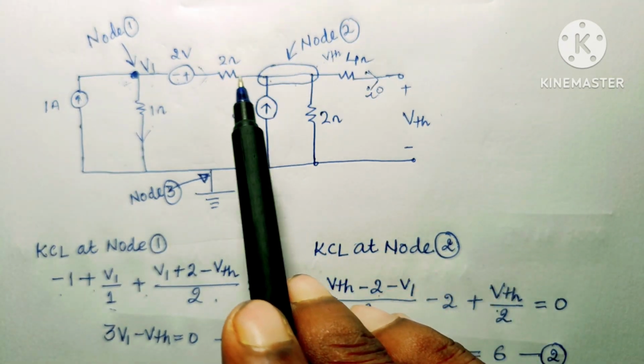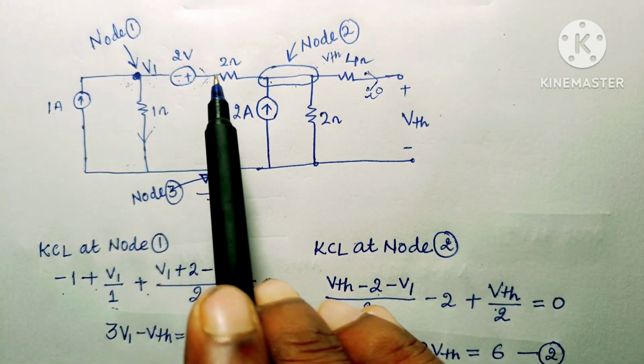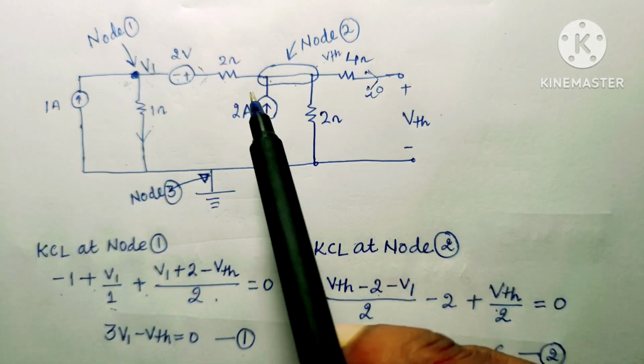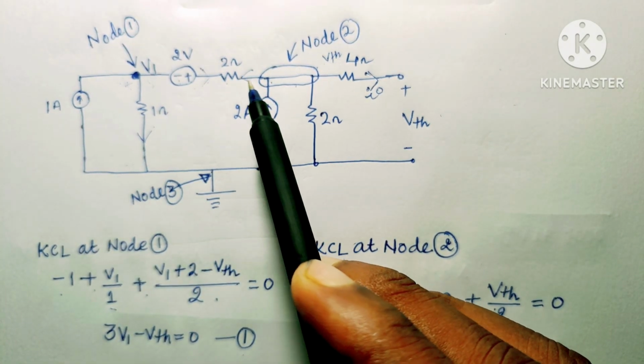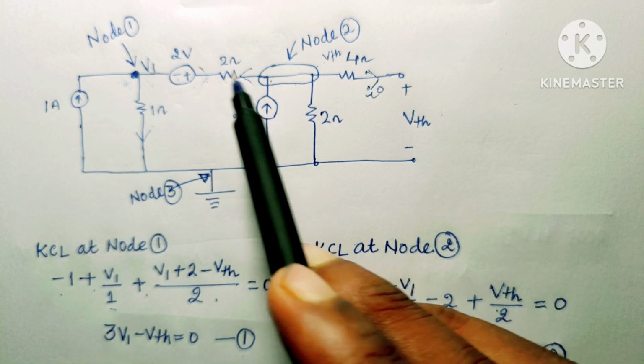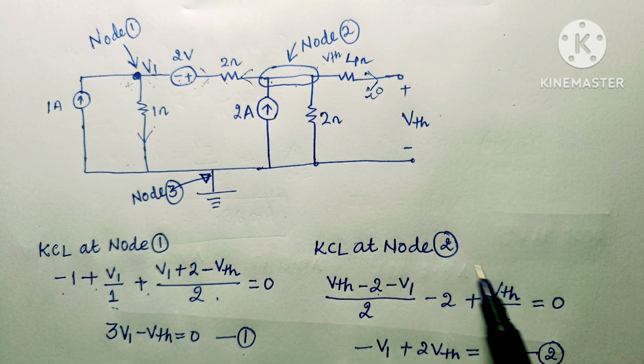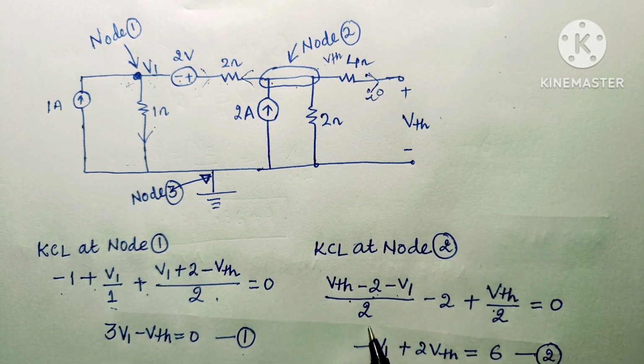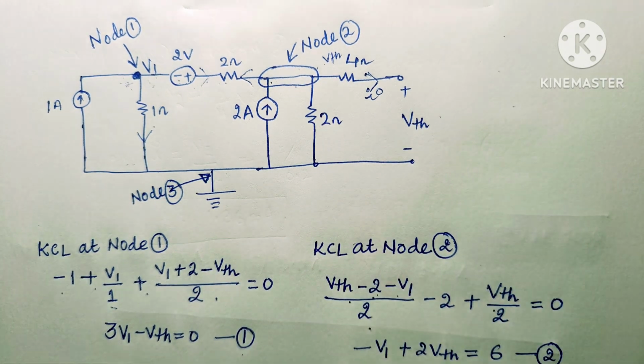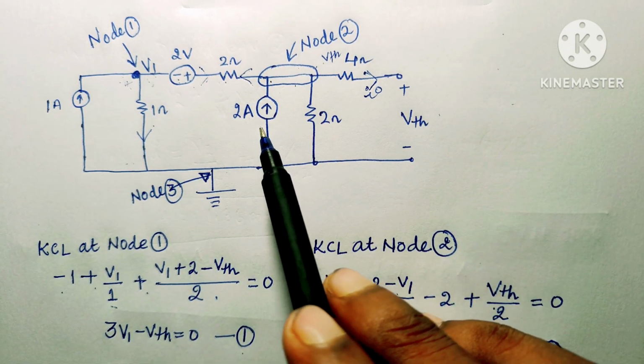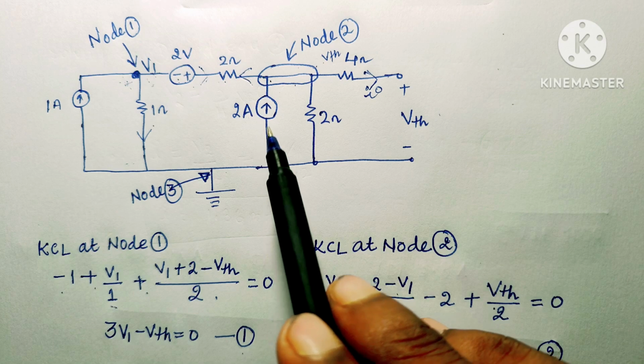So (VTH - 2 - V1) whole upon 2; this current will flow in this branch, in this direction. And in this branch, we can see that the 2 ampere current source is towards the node, so it will have a negative sign.